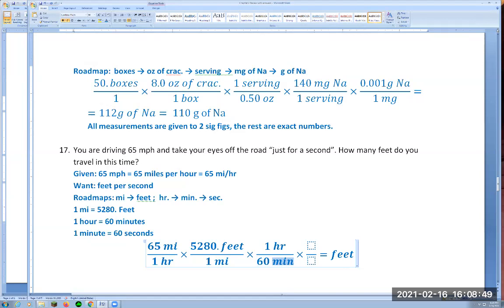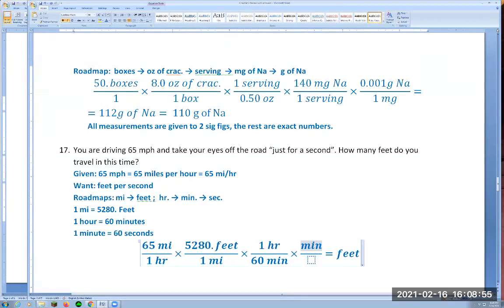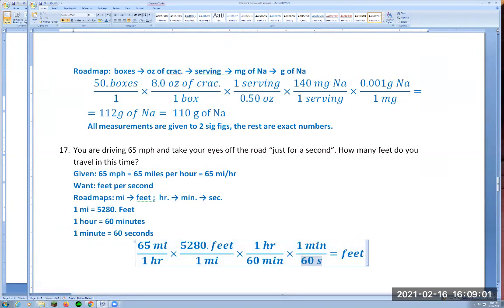So in the next conversion factor, you want to cancel the units of minutes. So minutes will go here, and it's 1 minute is equal to 60 seconds. The symbol for seconds is just s. So this way we cancel the units of minutes, and we're left with seconds.